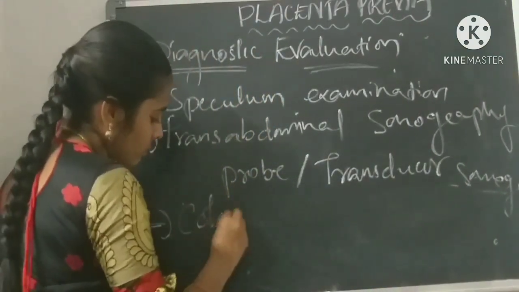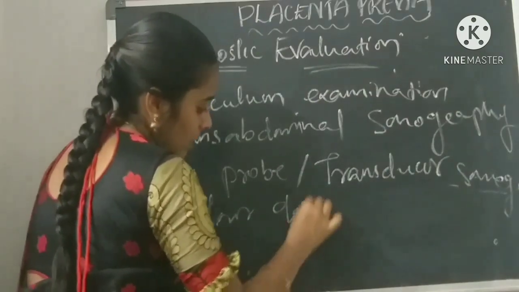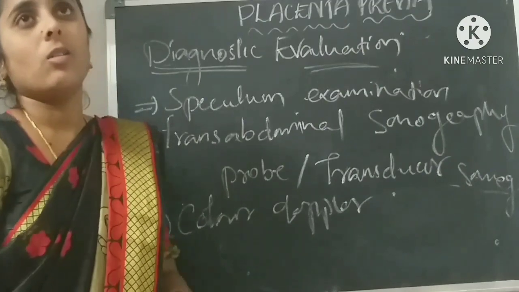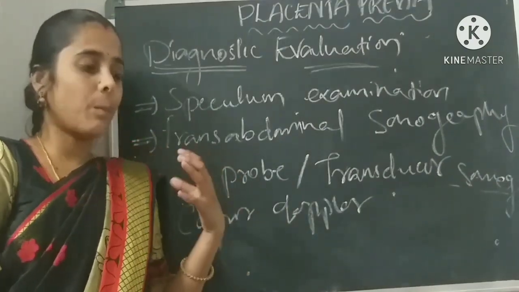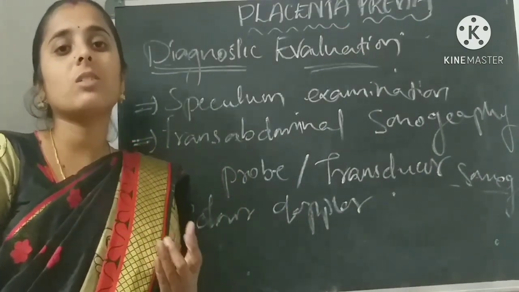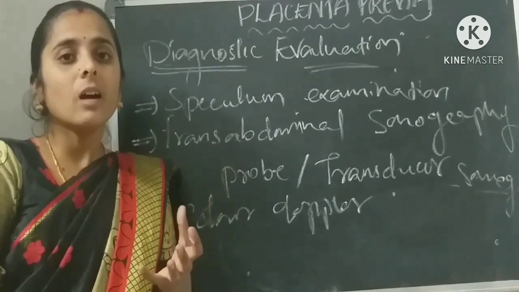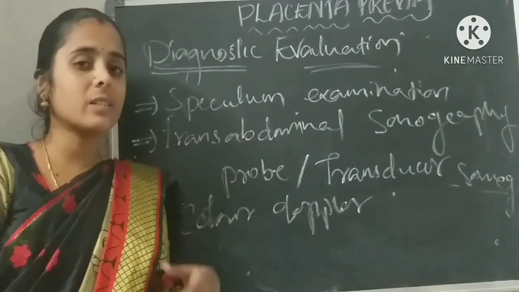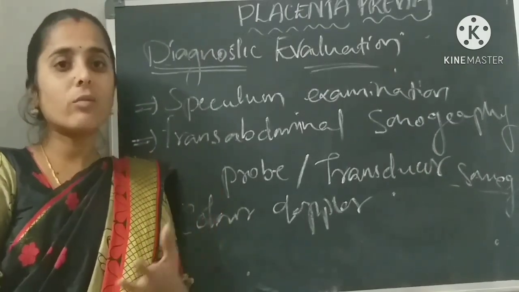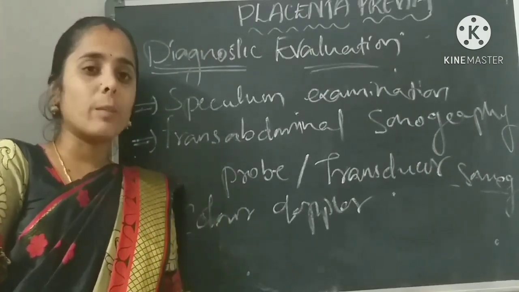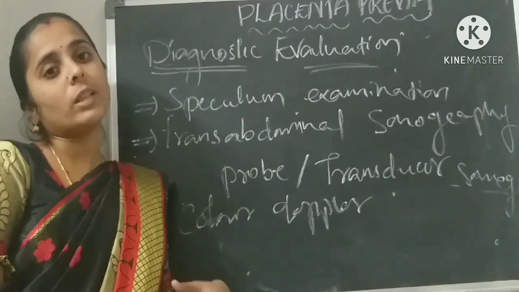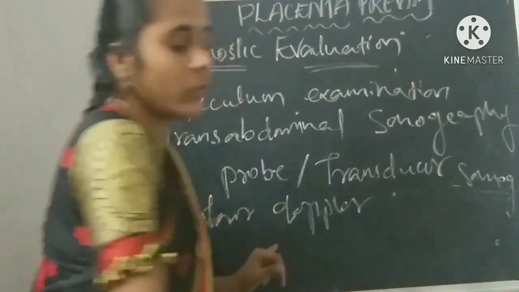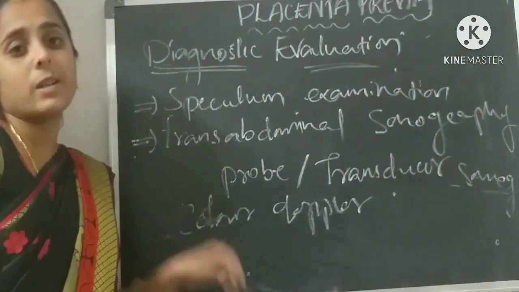The next diagnostic evaluation is color Doppler. In color Doppler, the pictures visualized inside the uterus will be seen in a colorful form. If there is any abnormal blood flow in the myometrium, that blood flow will be seen in red color. So it is used to visualize the organs with color presentation.